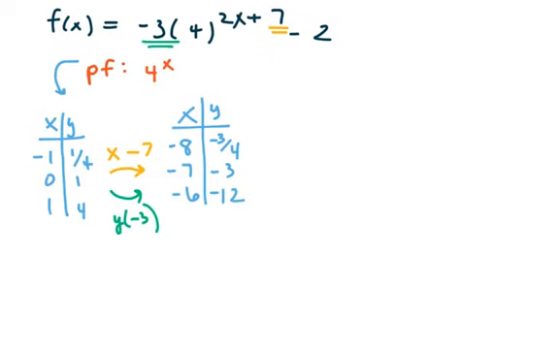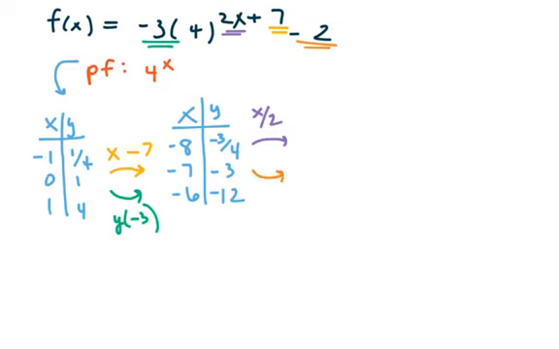For the next set of transformations, now we're looking at the 2 for horizontal. It says multiply by 2, but it's happening inside the function, to the exponent. So we're going to do the opposite. Horizontal transformations, everything's opposite. So I'm going to divide all my x's by 2. And then vertically, it says subtract 2.